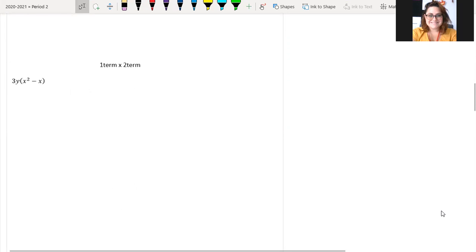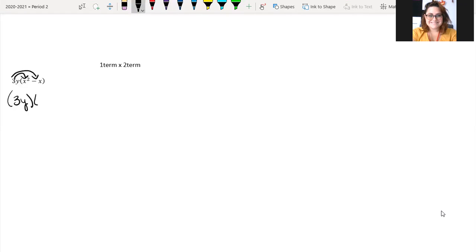Now let's talk about 1 times 2. Now in this case, we have 2 terms times 1 term. So now we need to take this whole first term and multiply it, distribute it in. So we would have 3y times x squared minus 3y times x.